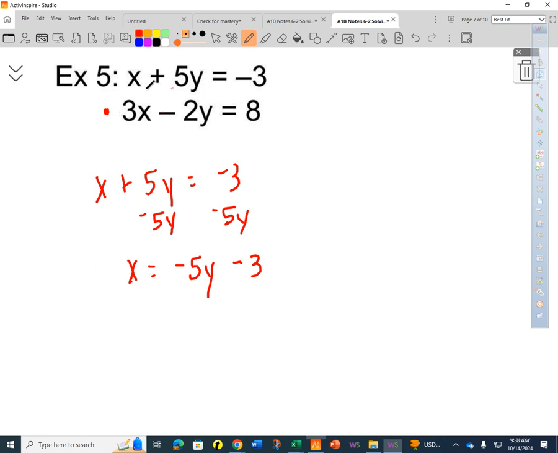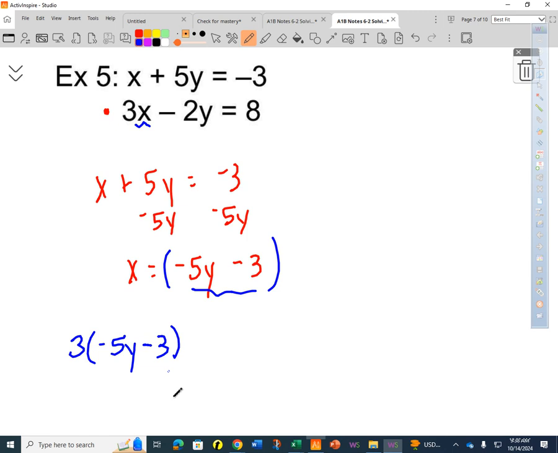So since I isolated the x in the first equation, I can't replace x with this in the first equation, but I can replace it in the second. So instead of x, let's go ahead and put parentheses around that because there's more than one term. Now 3 times x. We know x is the same as this, so 3 times -5y minus 3. That is the same as 3 times x. Does that make sense, Diane? Does that make sense, Nicholas?